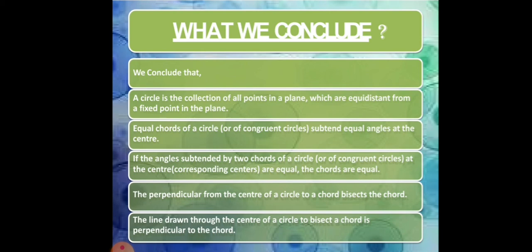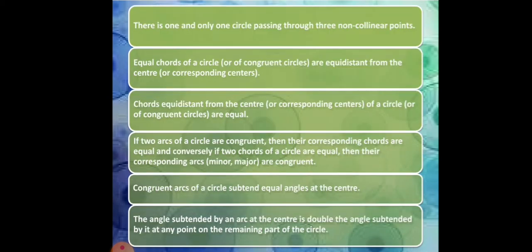The perpendicular from the center of the circle to a chord bisects the chord. The line drawn through the center of the circle to bisect a chord is perpendicular to the chord. There is one and only one circle passing through three non-collinear points.